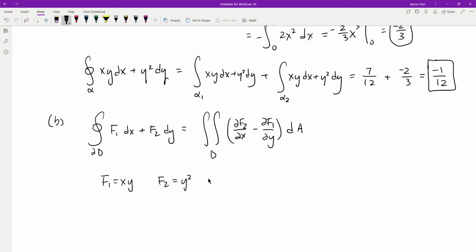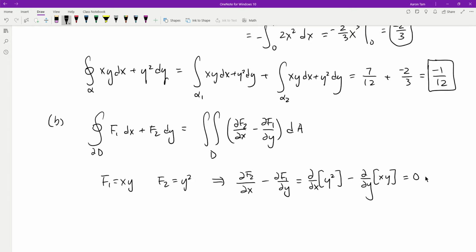So I can now define df2/dx minus df1/dy. Therefore it will be d/dx of y squared minus d/dy of xy. That comes out to be 0 minus x, so it becomes negative x. So that becomes our integrand.